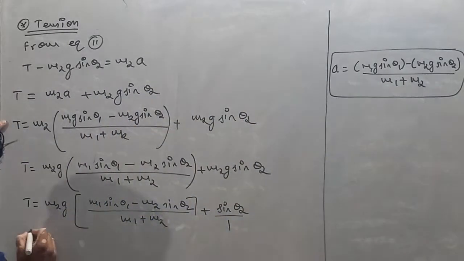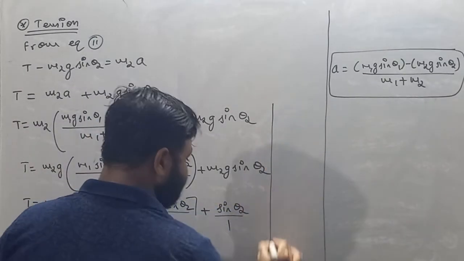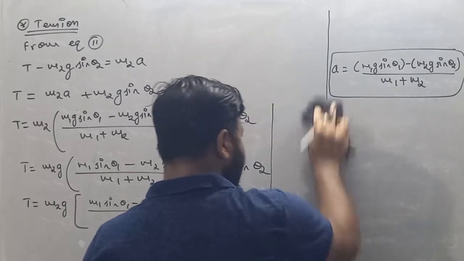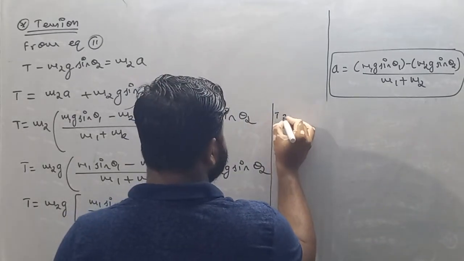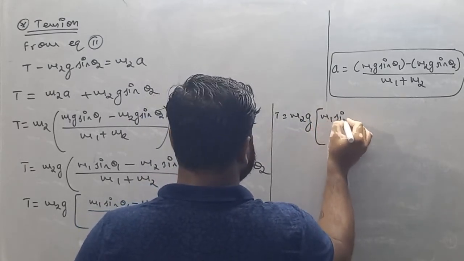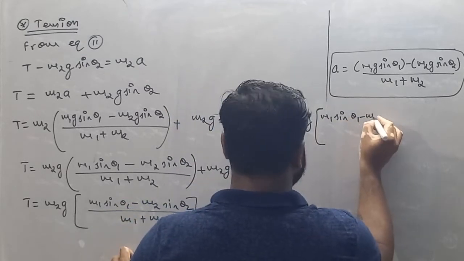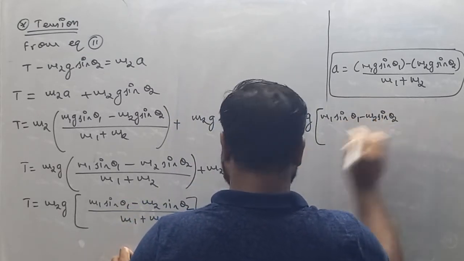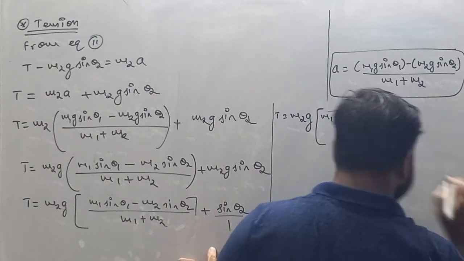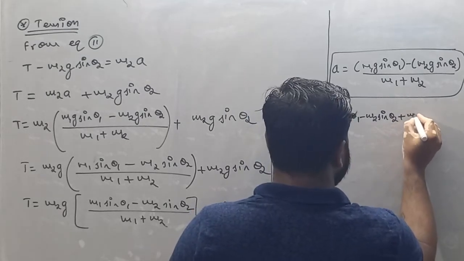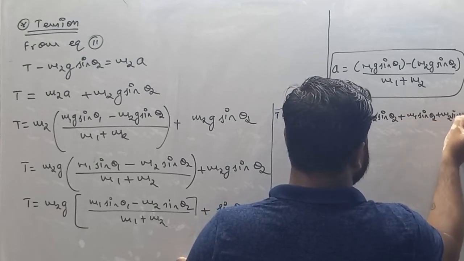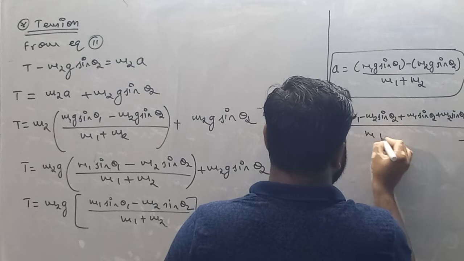We'll get T is equal to m2g into (m1 sine theta 1 minus m2 sine theta 2), divided by m1 plus m2, this side multiplied, so it will be plus m1 sine theta 2 plus m2 sine theta 2, divided by m1 plus m2.